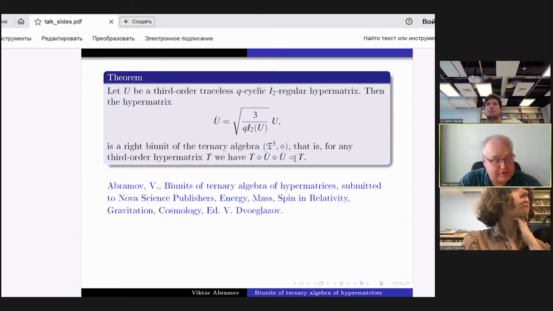So for me, it was very interesting that in this ternary algebra of hypermatrices, we have a family of right biunits, and they even form the whole subspace of q-cyclic traceless hypermatrices.